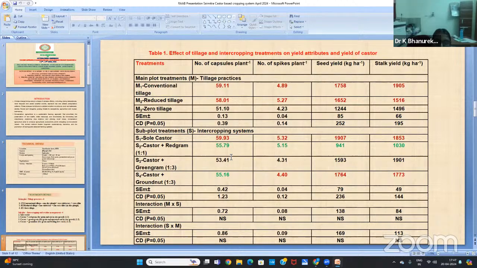So these two crops along with the castor had a complementary effect when compared to that of the short duration crop, that is green gram, which has recorded lower yields of castor. But we can see that the stalk yield was only significantly superior over here, which has a negligible requirement for the agronomy aspects.